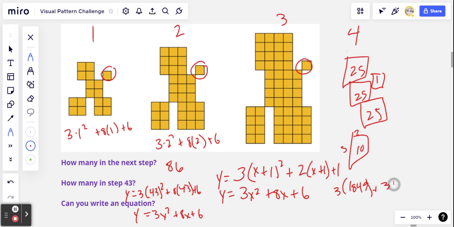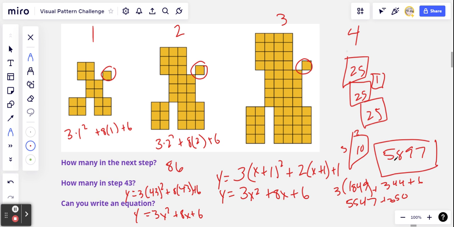So 344, and a plus 6. And 3 times 1849 is 5547. And then we'll add those together, 350. So I'm getting 5897. You might want to calculate that yourself and see if you come out with the same number, but that's what I'm getting.